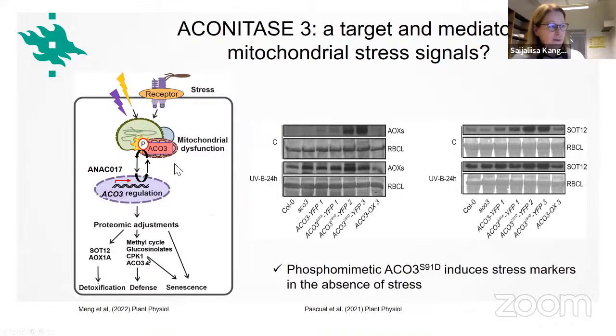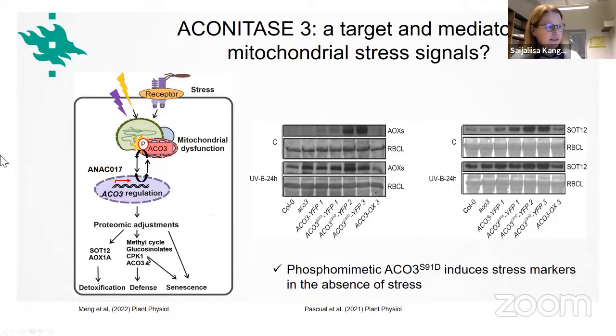And so we concluded then that this phosphorylation somehow triggers signals from the mitochondria that spreads to the nucleus, where it, through some so far unknown signaling activities, further activates. So it forms some kind of a positive feedback loop in the activation of this mitochondrial dysfunction response.